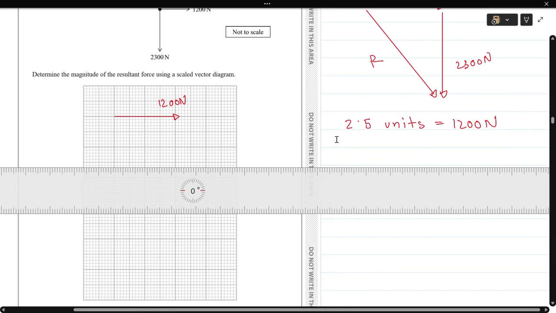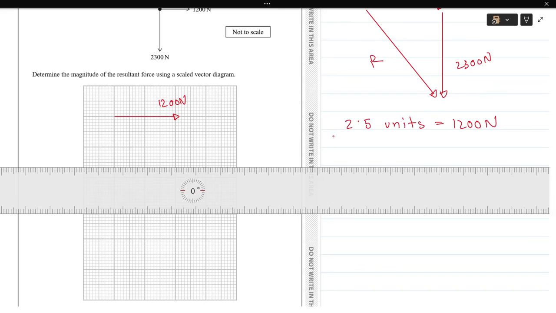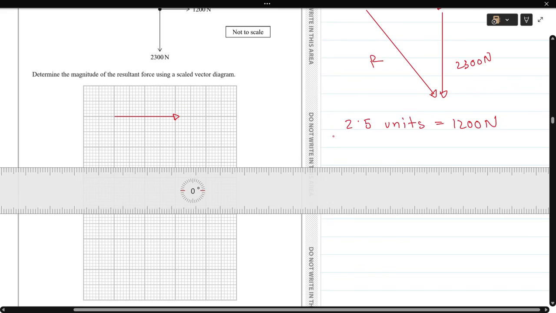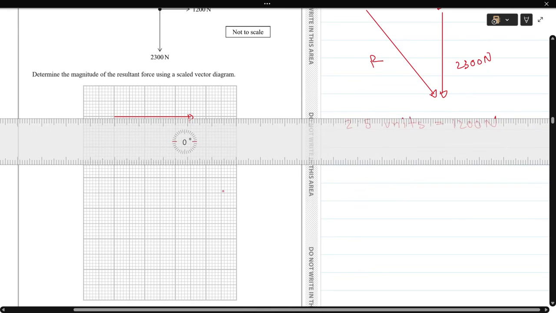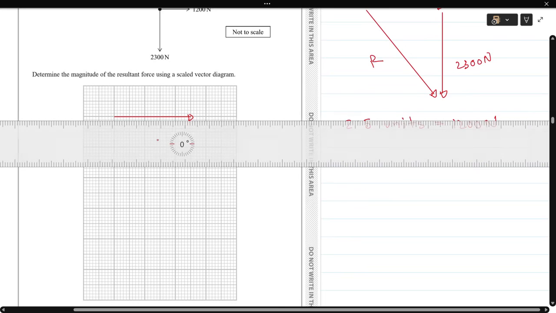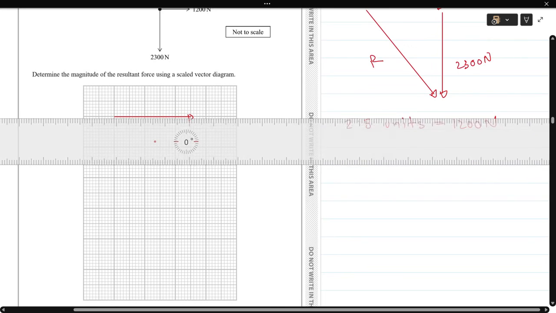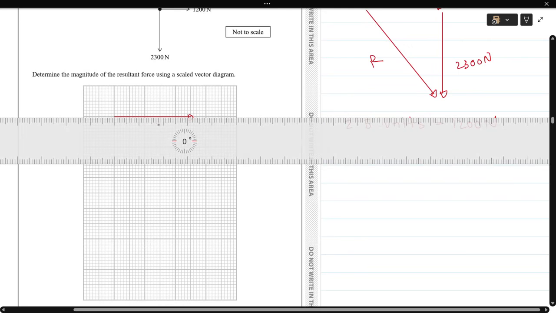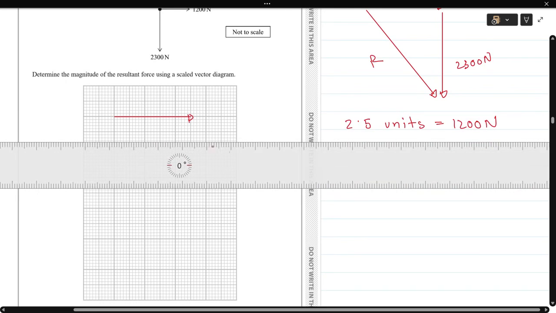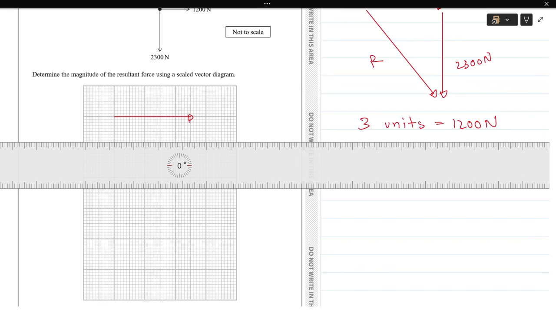Now if you want, I can even change it. So if you want, I can even do something like this. Instead of 4 boxes I can take 5. So 1, 2, 3, 4, 5, something like this. So if I use my ruler, how many units is it? 1, 2, 3. So I have basically used 3 units as 1200 Newton.